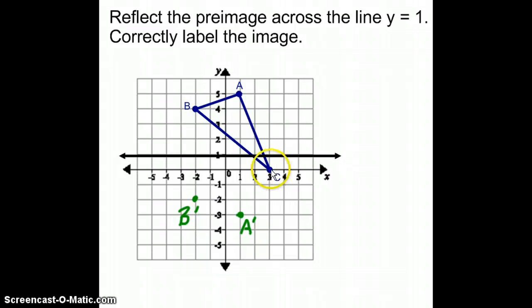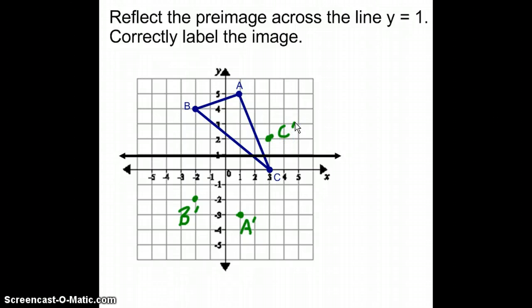Finally, our third point C is actually below the mirror line. So since it's already below the mirror line, it's going to go above. If we measure from our mirror line, we are 1 unit below, which means we will need to go 1 unit above. We can make our point C prime.